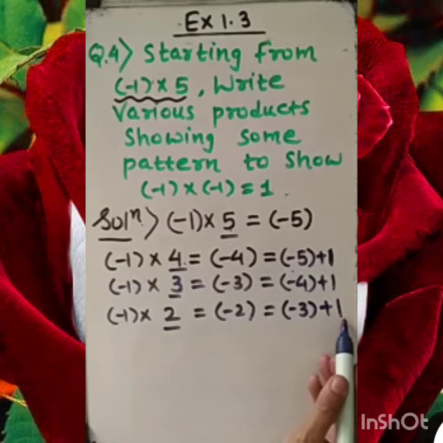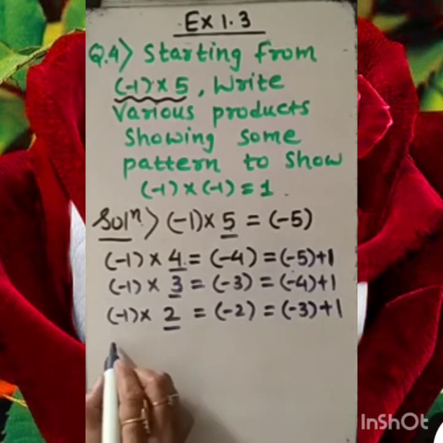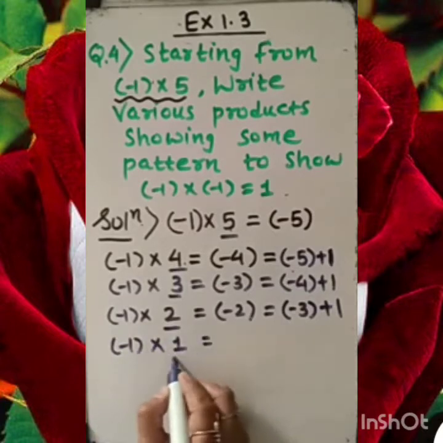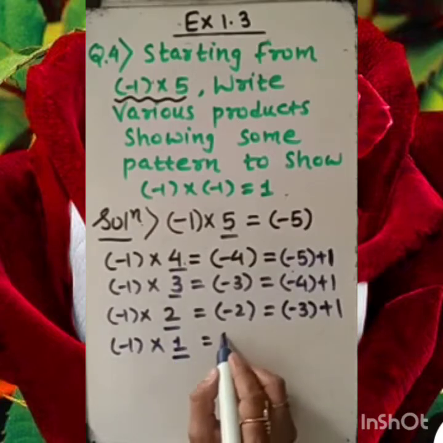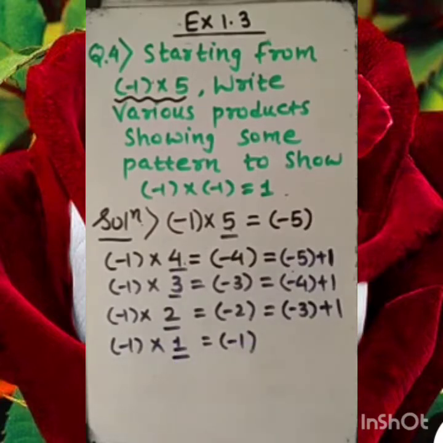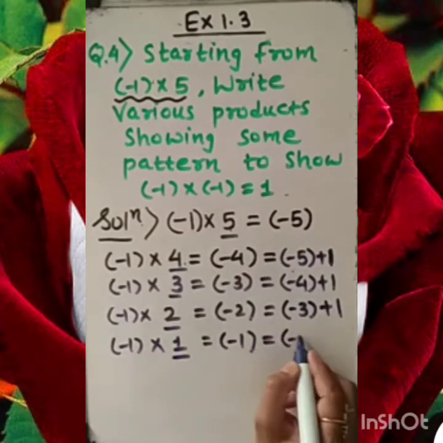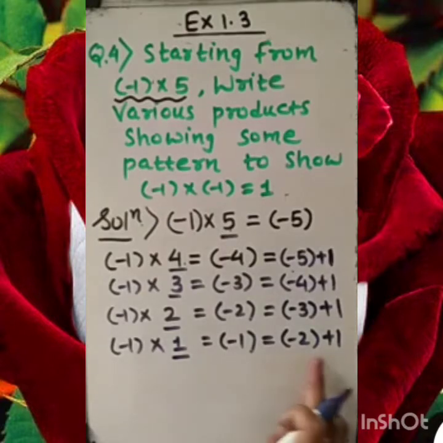Same way, minus 1 multiplied with 1. Minus 1 into 1, of course gives the result minus 1, and as we know this is minus 2 plus 1. Minus 1 can be obtained through minus 2 plus 1.